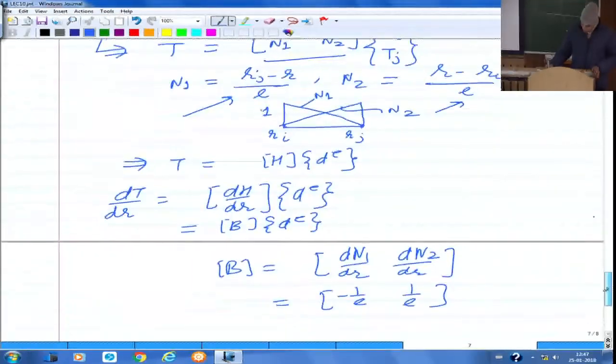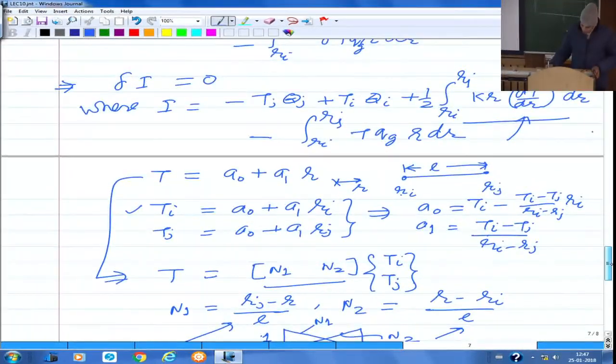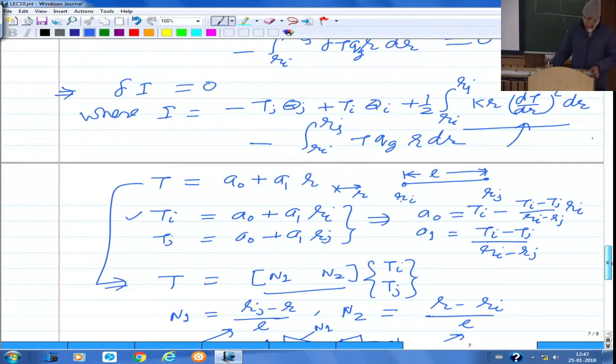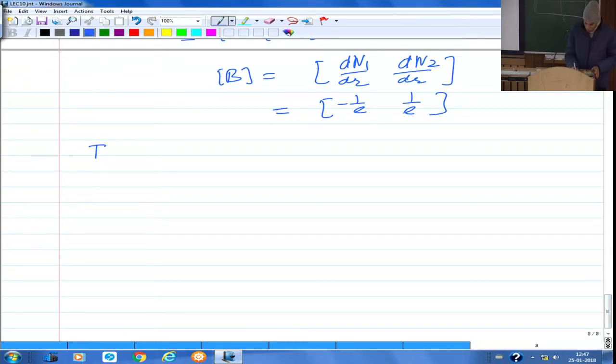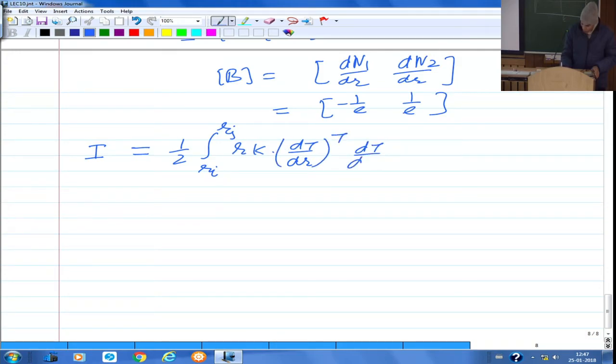Now can you work out the expression for the element level stiffness matrix, load vector, everything out of this? You just have to rewrite this, as I said, you put the transpose and so on. So the integral functional can be written by substituting these approximations. Let me first write the integral term, which is half integration from Ri to Rj of R into K, and then dt by dr whole transpose into dt by dr, because it's a scalar, and then dr. That's the first integral term.